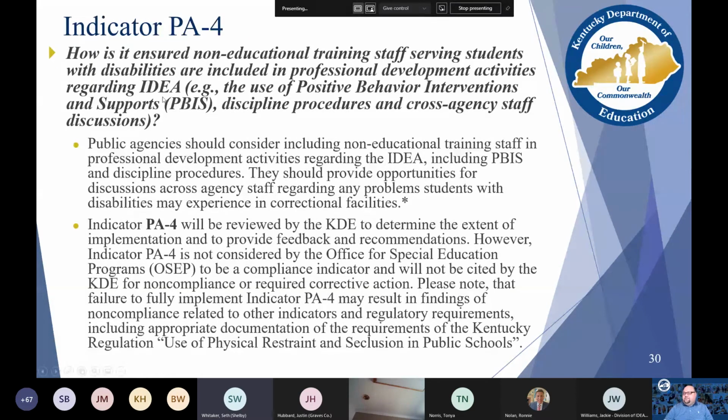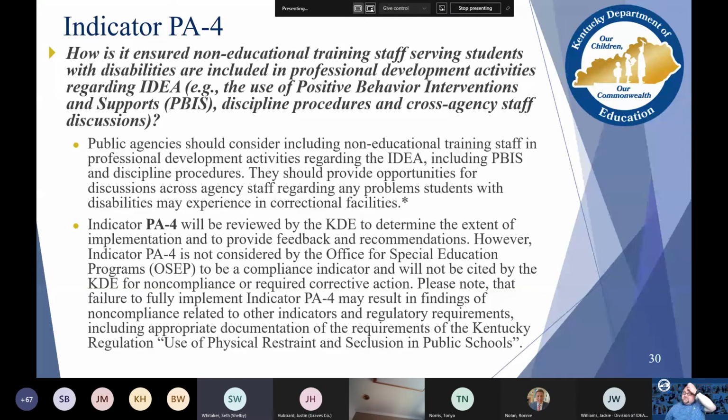How is it ensured that non-educational training staff serving students with disabilities are included in professional development activities regarding the IDEA, including positive behavior intervention supports, discipline procedures, and cross-agency staff discussions? I want you to read this closely.